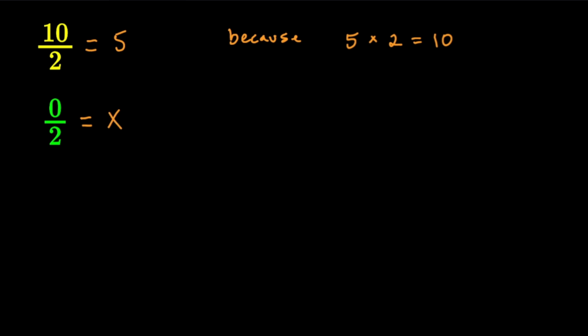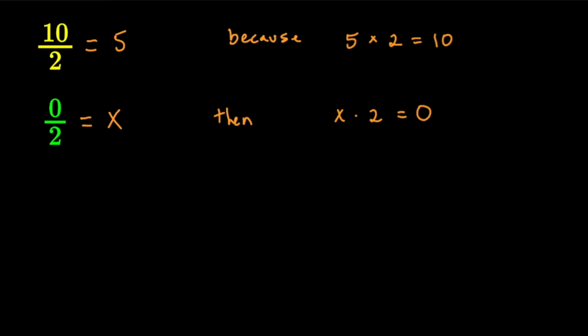Now, if we follow the format of what we did in the first line, we justified that 10 divided by 2 was 5 by saying that the answer multiplied by the denominator should give us back the numerator. So in this case, if I multiply the answer by the denominator, I can write x times 2, that should give me back 0. Now, since everyone is more comfortable with multiplication than division, think about this statement.